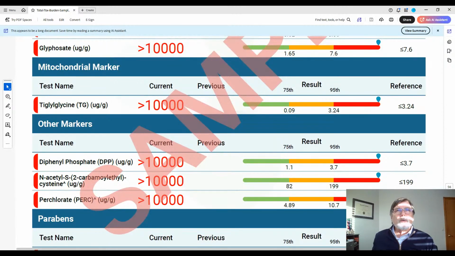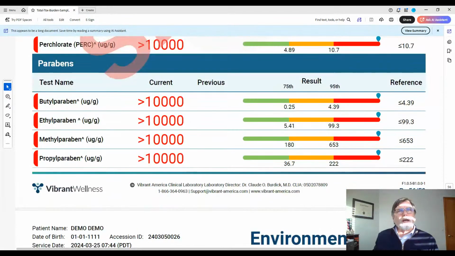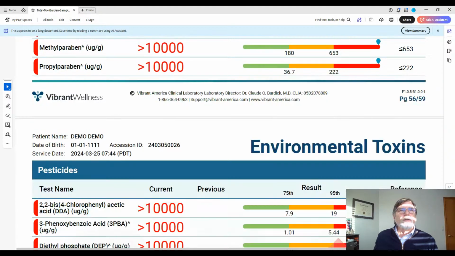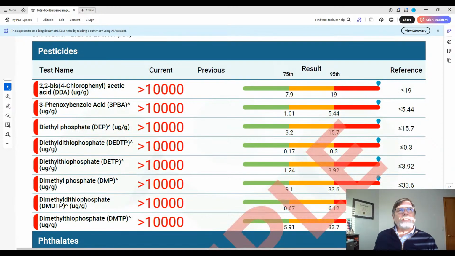Then this mitochondrial marker tells us if your mitochondria are working efficiently. And then we have these other markers that, when you look at them in the summary, it'll tell you more about them. Parabens are toxic in their own way, and the summary talks about them when they're present. Pesticides: this is DDA, a metabolite of DDT.